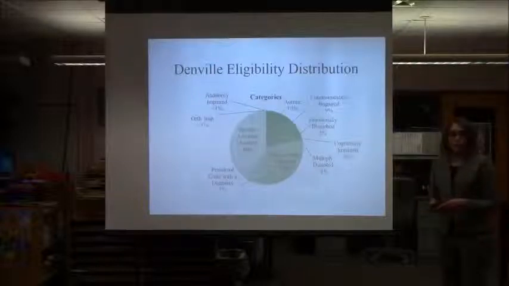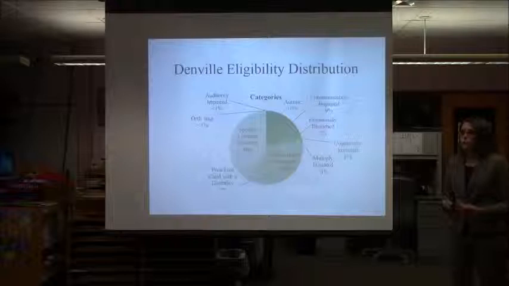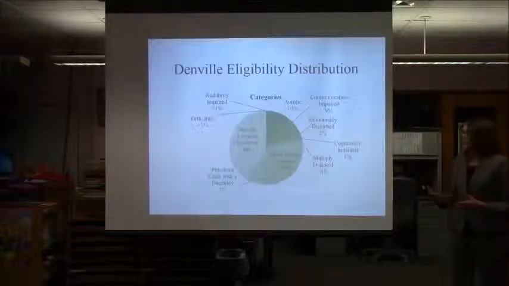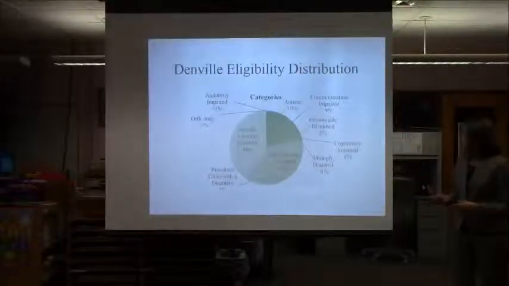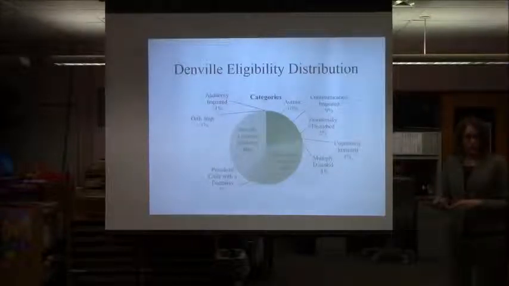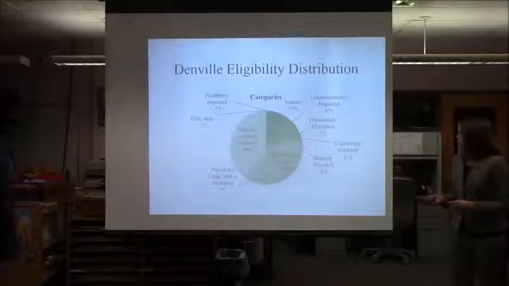falling under that category. So when you're finding out if a child is eligible, there's just very specific criteria that the test results will fall under, and that's at that point where you would determine which of these categories a student would fall under. And if they fall under one of those categories and they need special education services, that's when you would find them eligible.